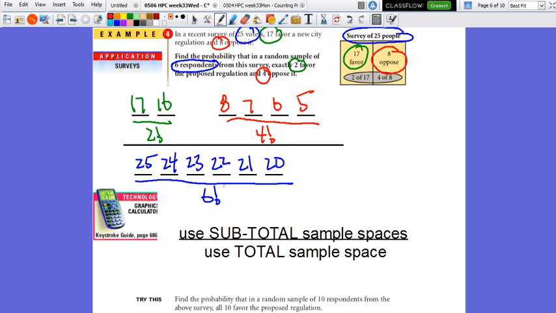So the big thing I want to really hit home is that anytime you have probability, you have your total sample space on the bottom, and then you have the subtotals that you're interested in at the top. Just like if we're talking about quarters, what is the chance that you'll flip heads?